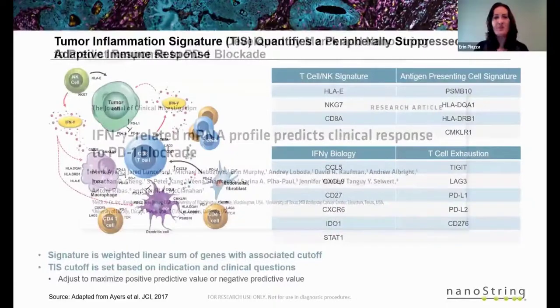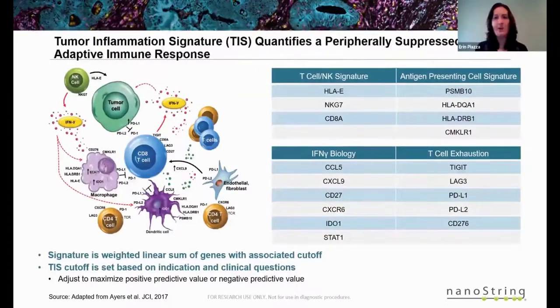The tumor inflammation signature, as I mentioned previously, quantifies a peripherally suppressed adaptive immune response. One of the things about this signature that's unique and helpful is that it actually contains very much target genes. As many of you know, in developing signatures, you don't always end up measuring genes that look related to the biology you're trying to measure.